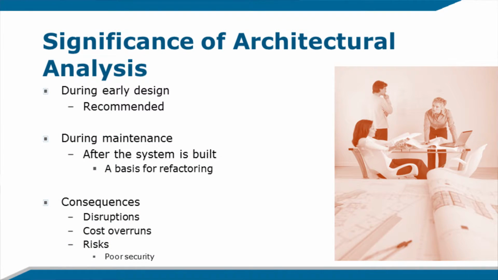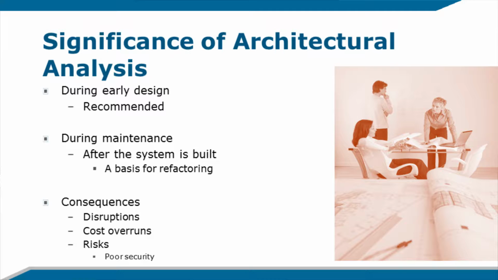So a lot of times what happens is when we develop software, we always tend to jump into coding prematurely. And of course, the recommended practice is always to go through this process of architectural analysis and try to build, for example, security into the software.